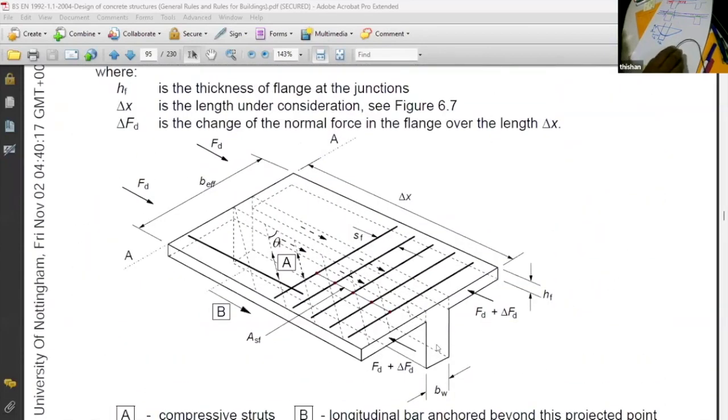What it says is there can be problems along this beam-slab junction, but in a typical reinforced concrete slab, this will not be a major problem at all. But then in that case, where could this be the problem? Now you look at this diagram.